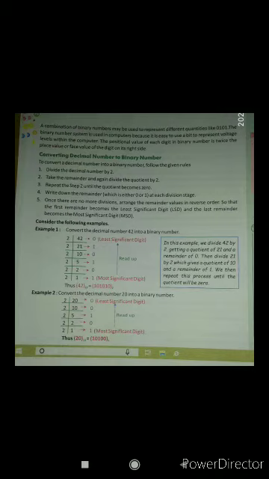Here 42 is given, so 42 was divided by 2 first and we get quotient 21 and remainder 0. So 0 was written over there because 21 into 2 is equal to 42. So remainder 0 is written there, it is the least significant digit. Again 21 was divided by 2, quotient was 10 and remainder 1.